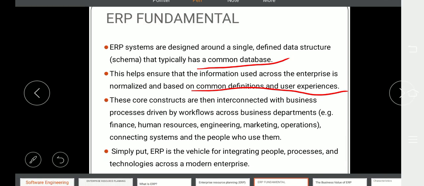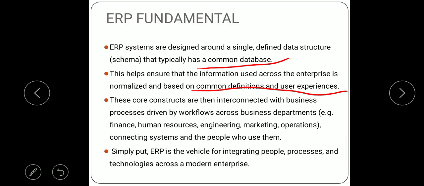These core constructs are then interconnected with business processes driven by workflows across business departments, as for example finance, human resources, engineering, marketing, operations, etc., connecting systems and the people who use them. So it will connect the whole thing, all the resources, all the departments, as well as all the employees in a single system. Simply put, ERP is the vehicle for integrating people, processes, and technologies across a modern enterprise.